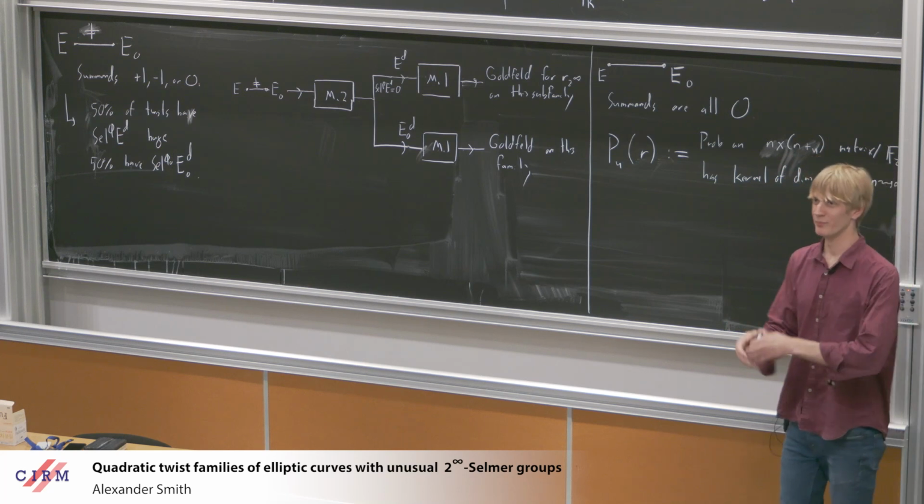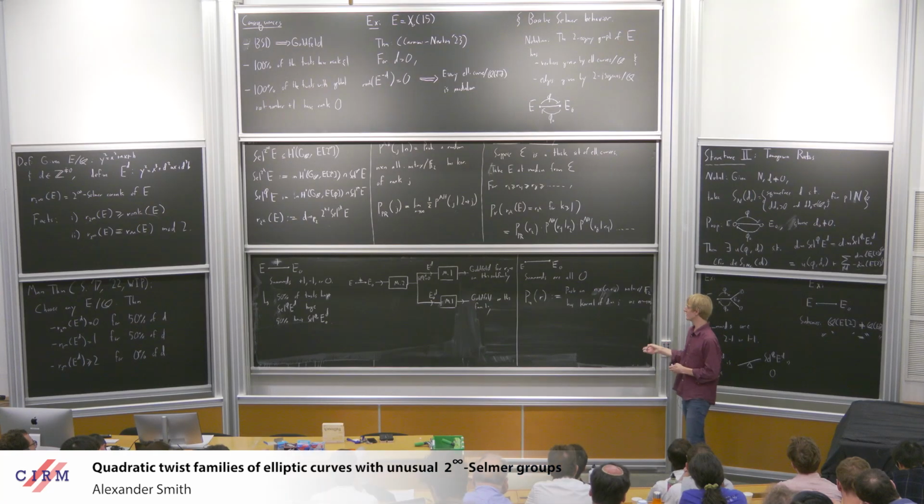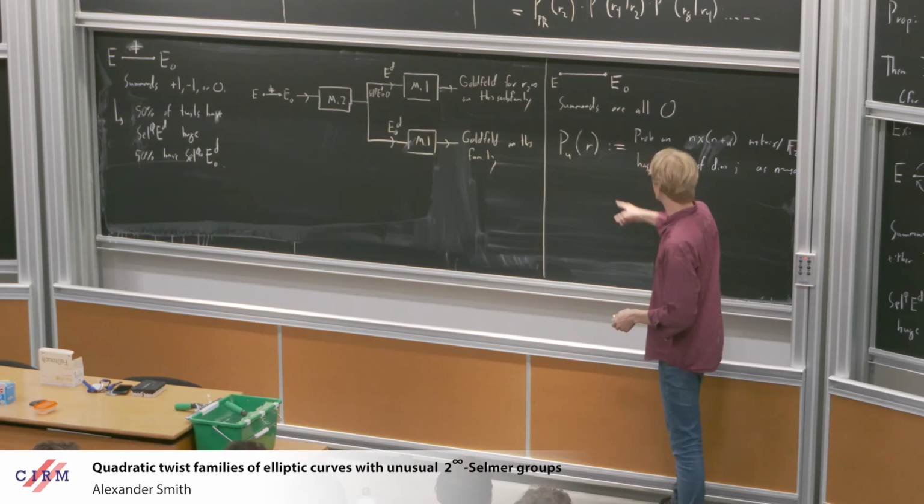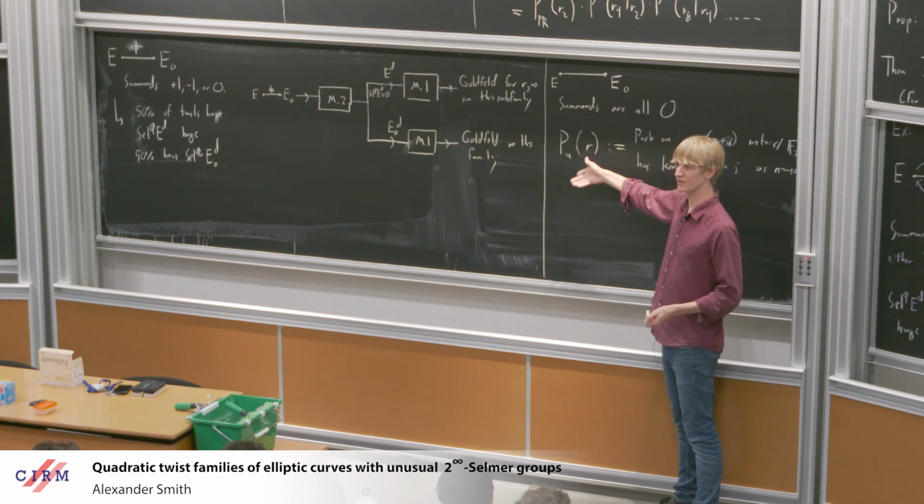So we have this big matrix with slightly more or fewer columns than rows, and we're taking a look at their kernels. R is what goes in here, so it's just some non-negative integer.